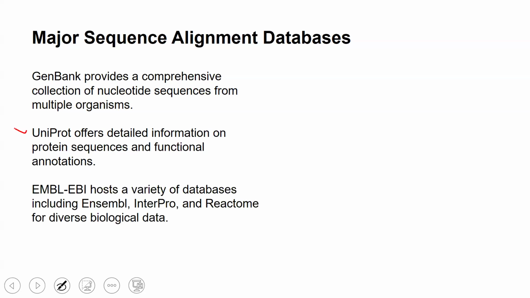And then we have EMBL-EBI, which hosts a variety of databases, including Ensembl, InterPro, and Reactome for diverse biological data. So these are examples of biological databases where you can get sequences.